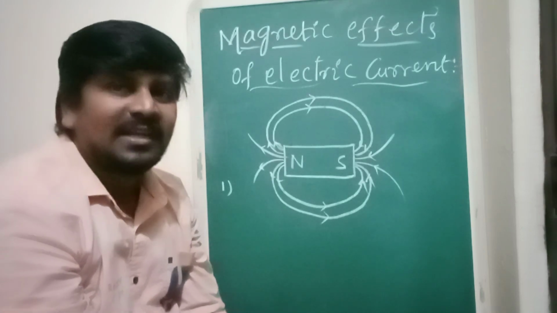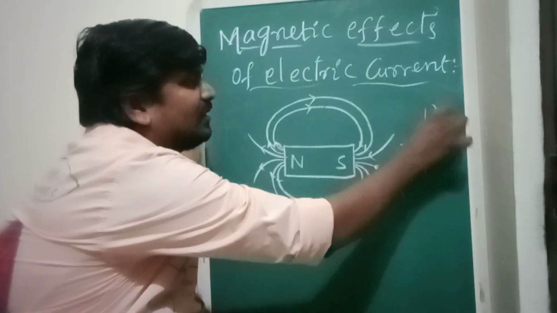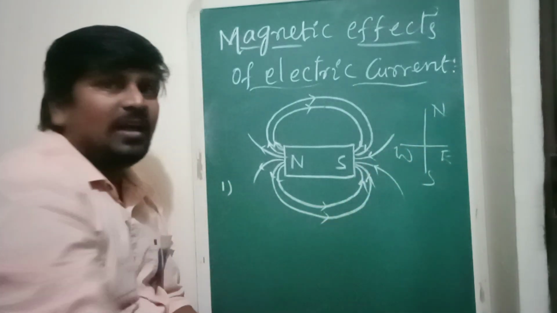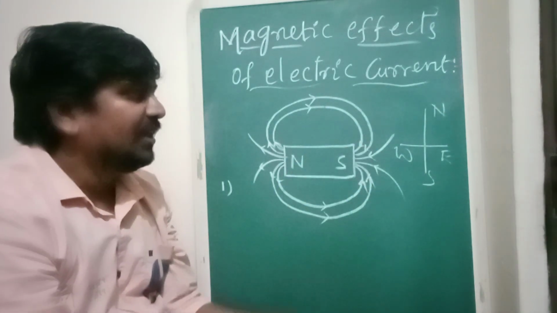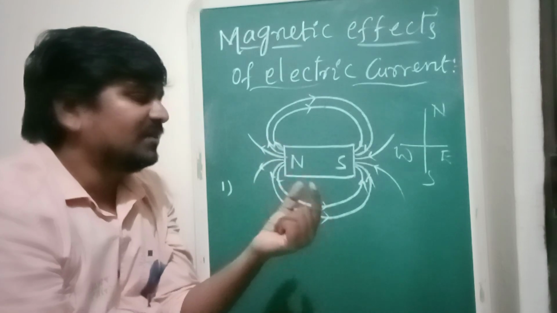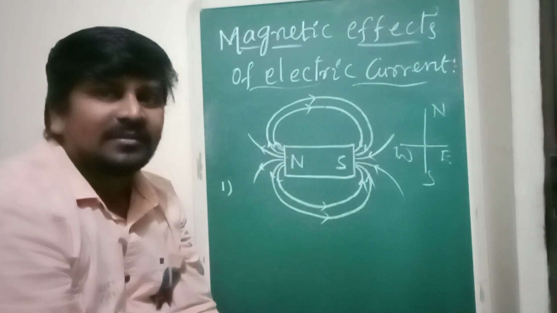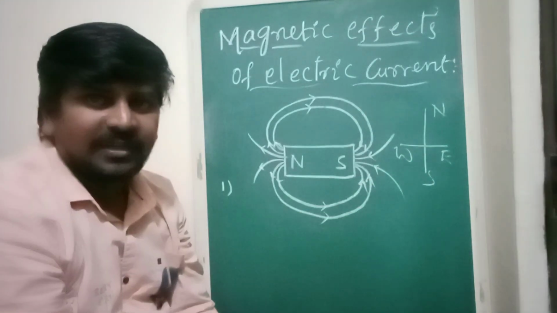I already said, a magnetic property always shows north and south direction. Even if you place a compass, inside the compass a small magnetic needle will be there. It's made up of magnet, so it always shows north and south direction.